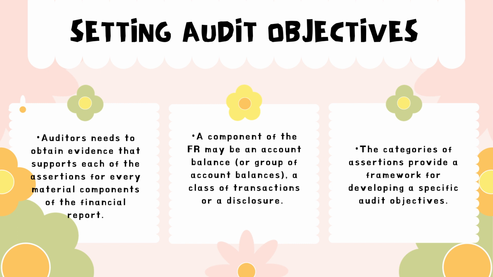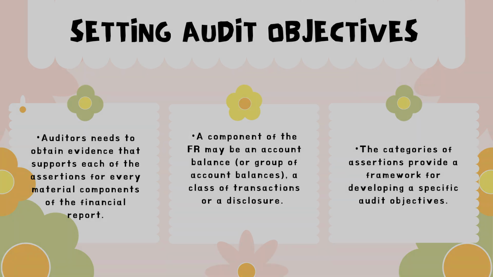A component may be an account balance or group of account balances, a class of transactions, or a disclosure. The categories of assertions provide a framework for developing specific audit objectives.